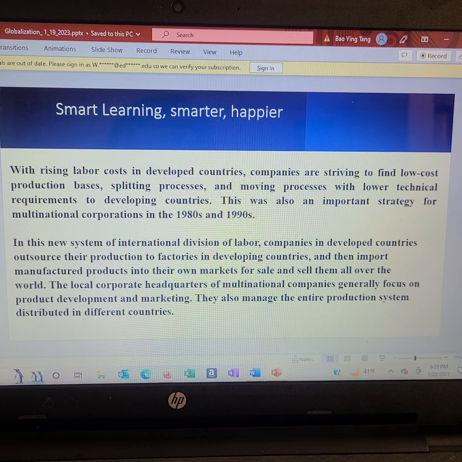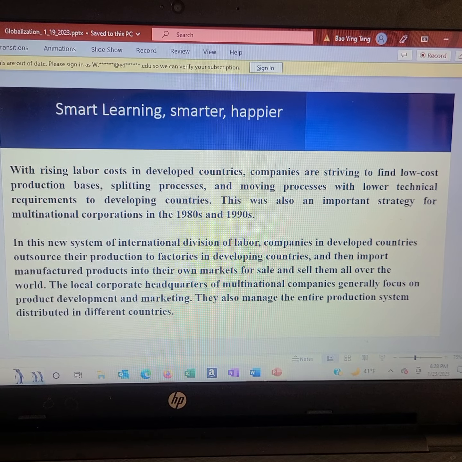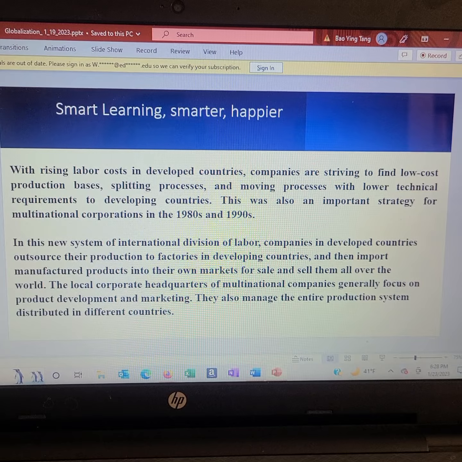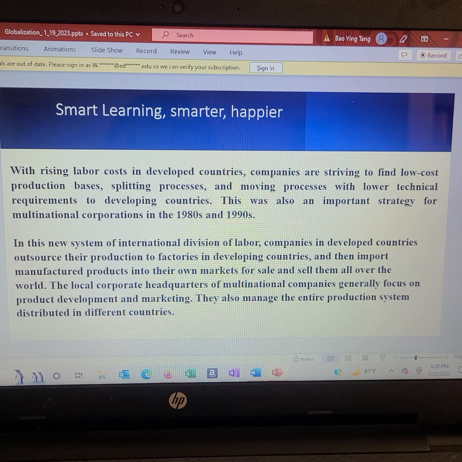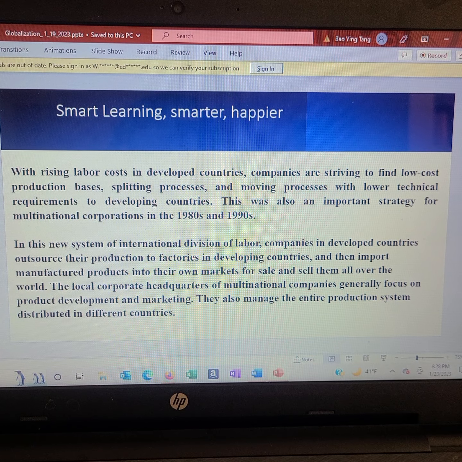With rising labor costs in developed countries, companies are striving to find low-cost production bases, splitting processes, and moving processes with lower technical requirements to developing countries. This was also an important strategy for multinational corporations in the 1980s and 1990s.